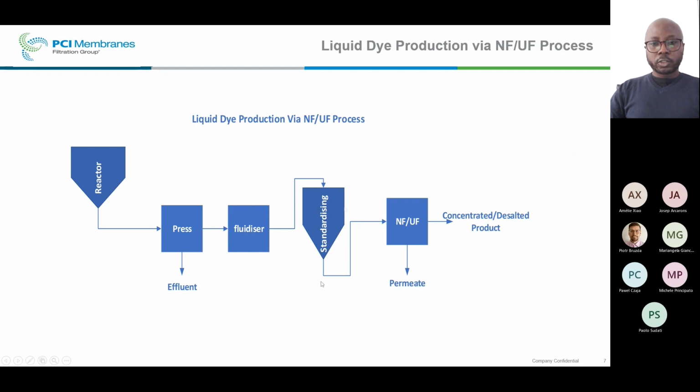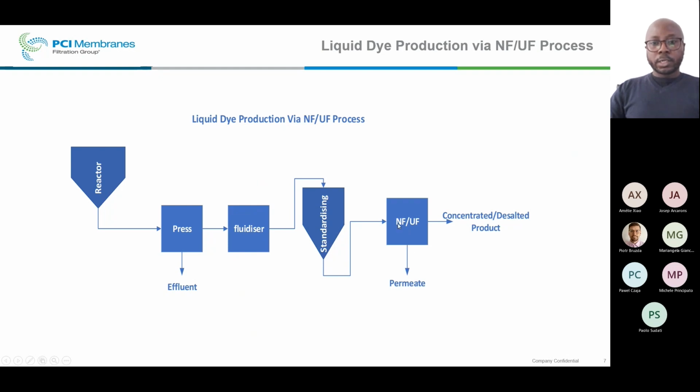This is then passed through a number of processes, which might include the press, fluidizer, and standardizing to help to have a more consistent product before it is then passed through the membrane. In this part of the process, the option could be based on using a nanofiltration membrane or an ultrafiltration membrane to help in removing impurities from the dye product.